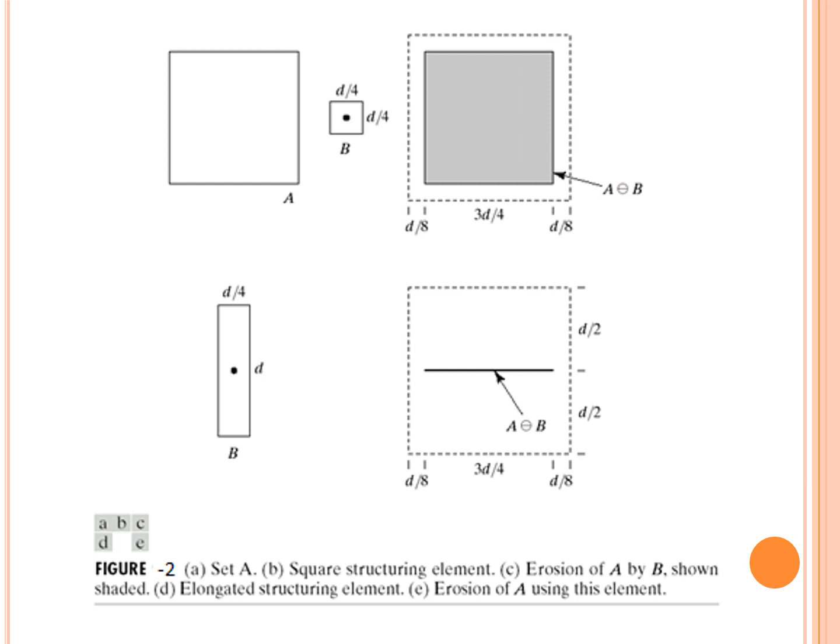In this figure, figure A shows set A, B shows a square structuring element, whereas in figure C, erosion of A by B is shown. Figure D shows an elongated structuring element, and then figure E shows the erosion of A using this elongated structuring element.